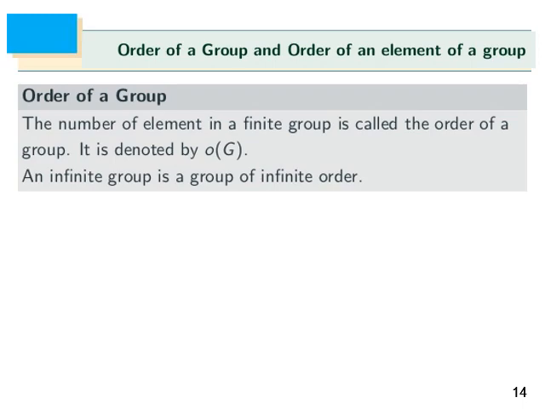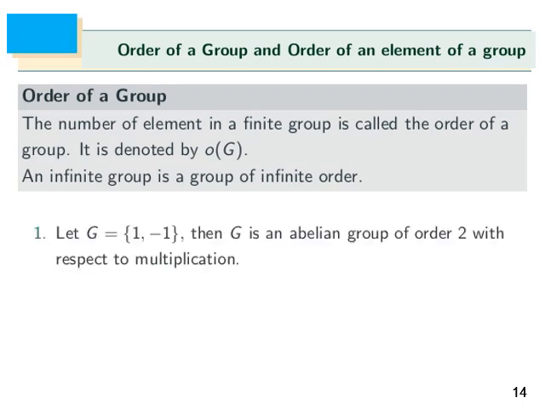An infinite group is a group of infinite order. For a finite group, the order is the number of its elements. In an infinite group, its order is infinite.